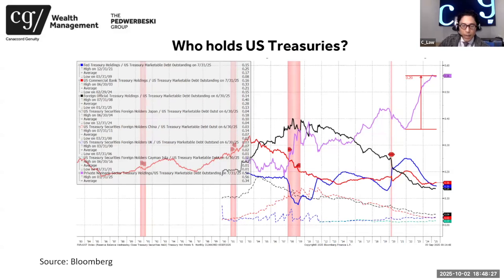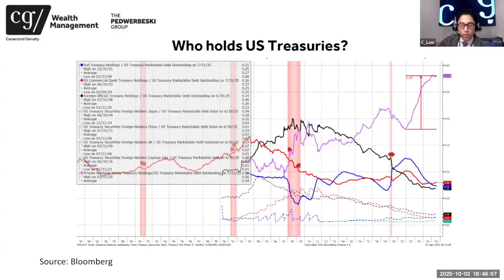So if they're pulling back in terms of their buying, who's buying today? Well, we can see in the purple line here, which is the net private non-bank sector, which are essentially retail investors. They hold about 56% of all outstanding US federal debt. Now, these types of investors are yield sensitive.